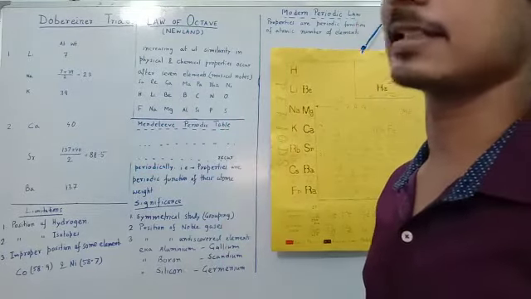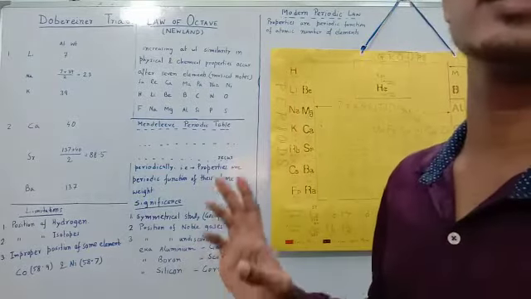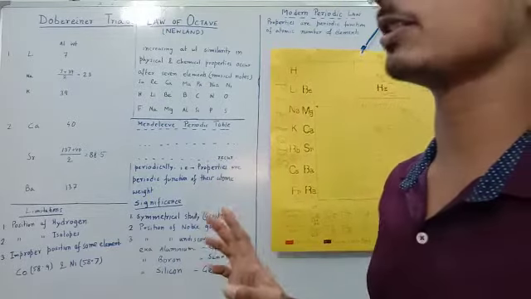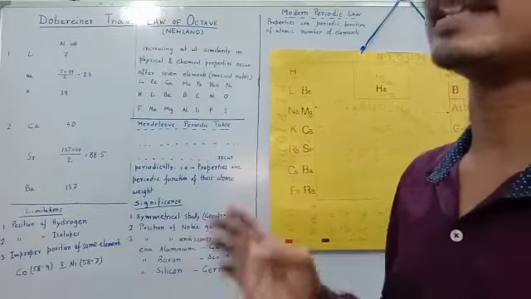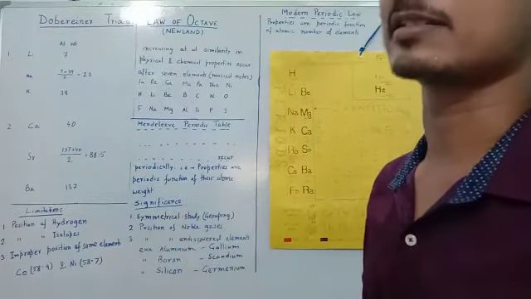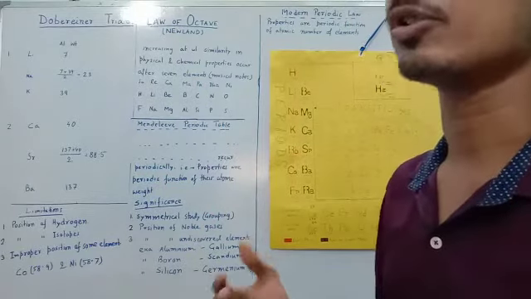Number one limitation is the position of hydrogen. Hydrogen is a very anomalous element. Its position in the periodic table is very anomalous. That is, hydrogen has some characteristics similar to metals, whereas it also has some characteristics similar to non-metals.